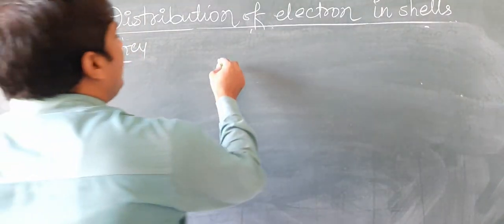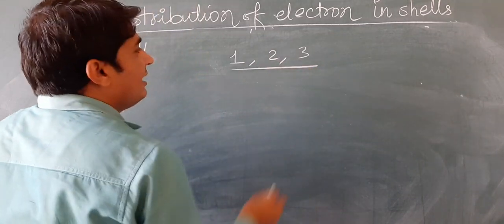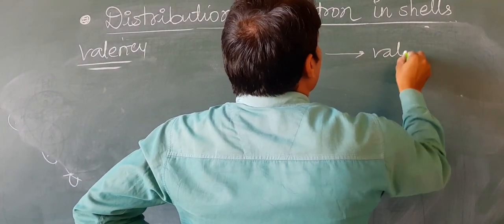So simply, how can we find out the valency? If in the outermost shell there are 1, 2 or 3 electrons, then that number is the valency.